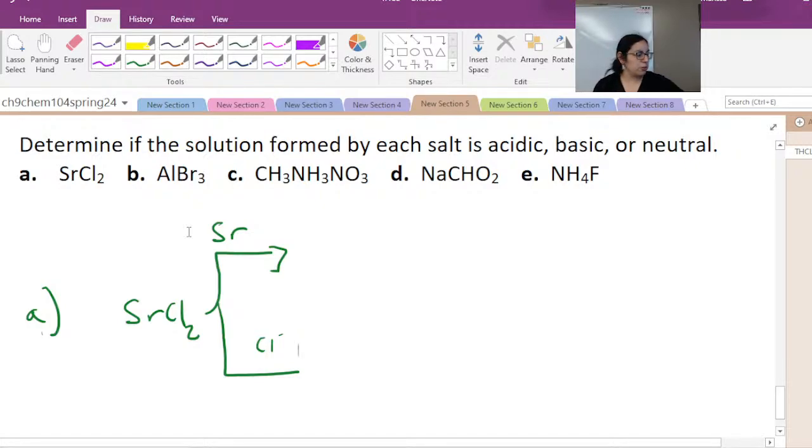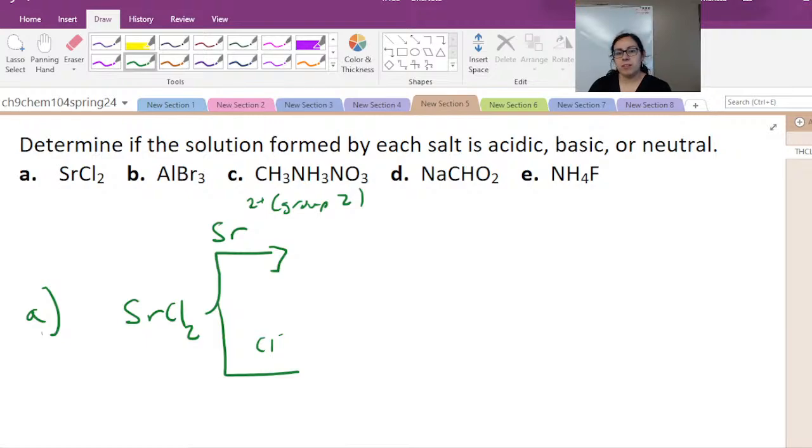So metal, which group is it? Group 2A? Yeah, so group 2, so it's a 2 plus group. What bases do they tend to make? What's the definition of a base?